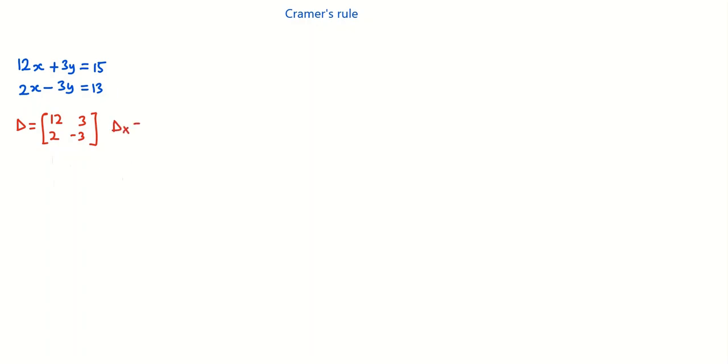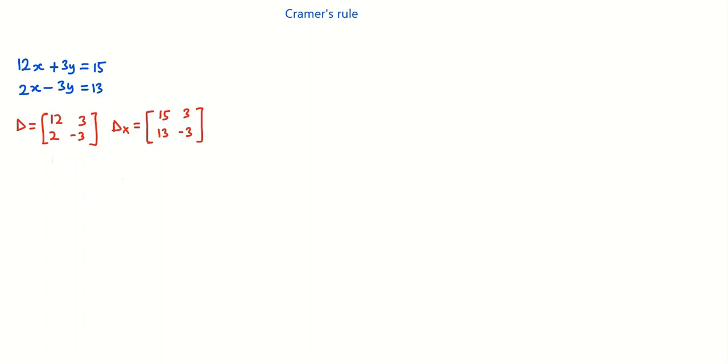For this matrix, I will take the column on the right hand side, and that will be the first column in this matrix. We are going to have 15 and 13 here, and then 3 and minus 3.